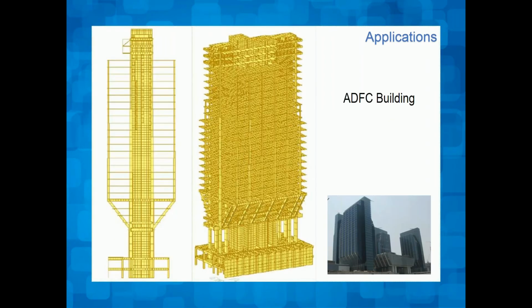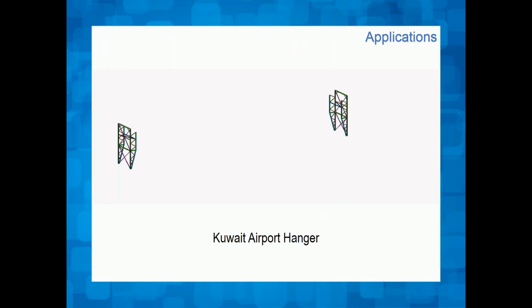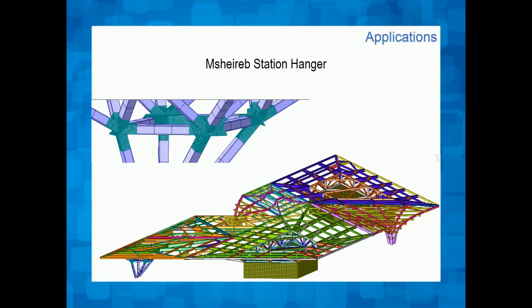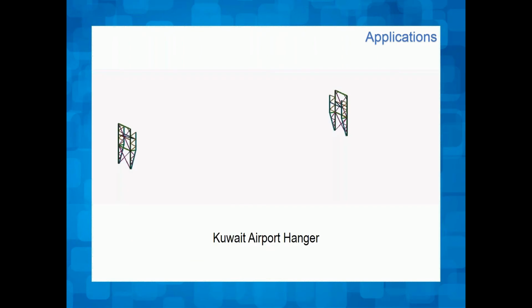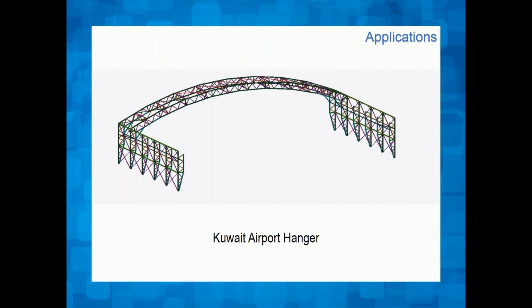Another standing application in UAE is the ADFC building. This is the Kuwait Airport hangar, which has been analyzed using construction stage analysis. So this is the construction stage analysis that was performed on the Kuwait Airport Hangar.